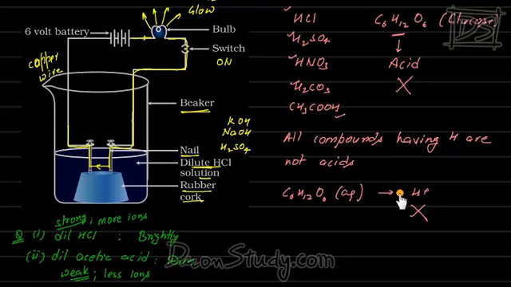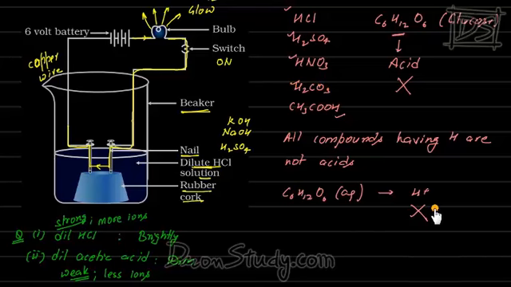So the criterion to be an acid is not just that hydrogen should be there. The criterion is that hydrogen should be there, and when we dissolve that substance in water, hydrogen ion should also be produced. Okay, students. That's why glucose, though having hydrogen, is not an acid.